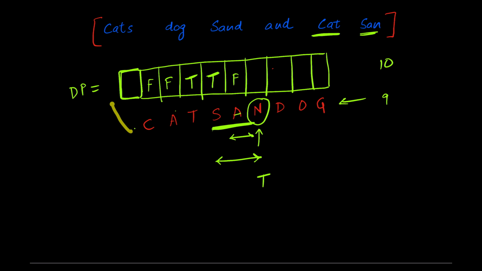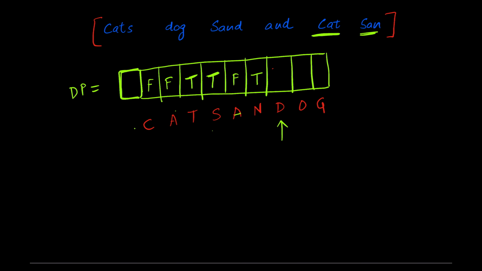Along with checking that SAN exists in the dictionary, we also need to use the dynamic programming array to check, for the words right before it, if the corresponding value is true. In this case, the value is true, so we can place true for the position N in the DP array. Moving on to the next character, which is D. D does not exist.